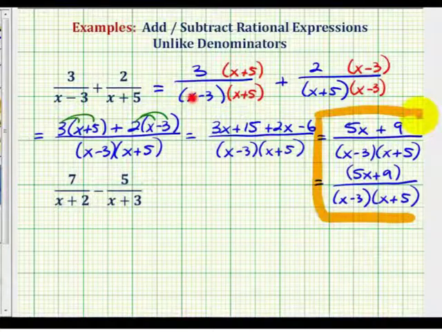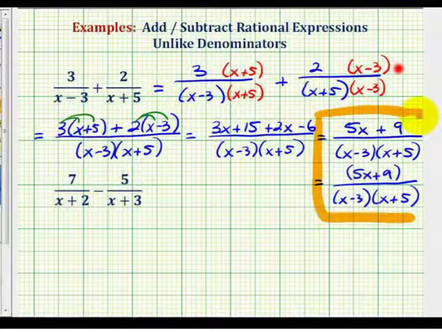So I look to my side and I say, what do I have here that I am missing here? x plus 5. So I'll multiply this 3 times the x plus 5, giving me 3x plus 15. Here I'm going to say, what am I missing here that I have here?